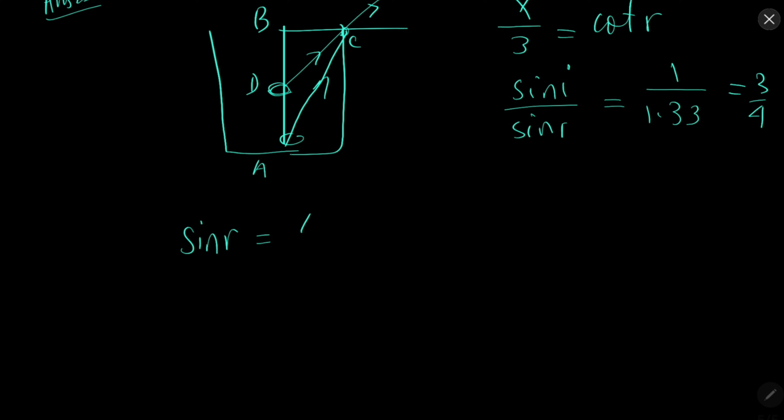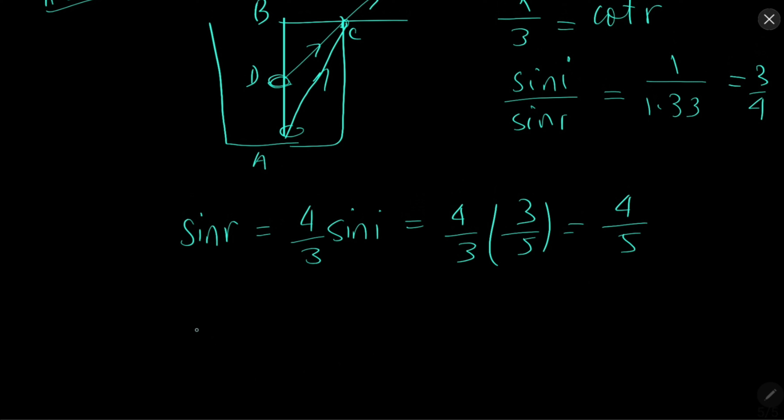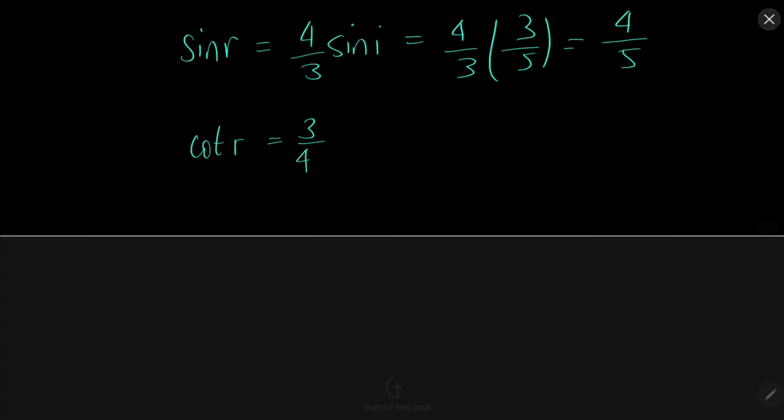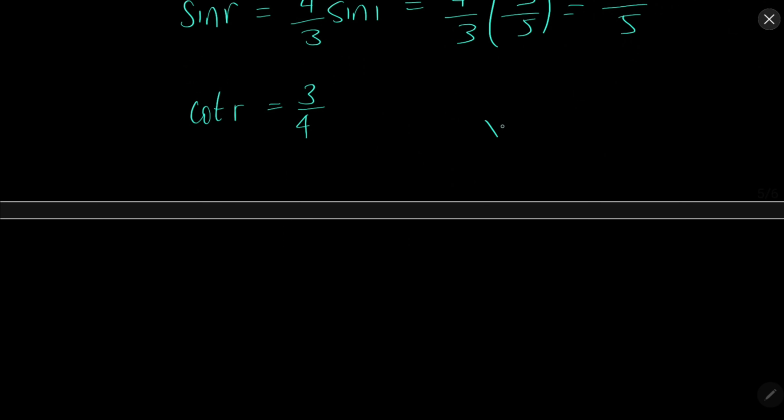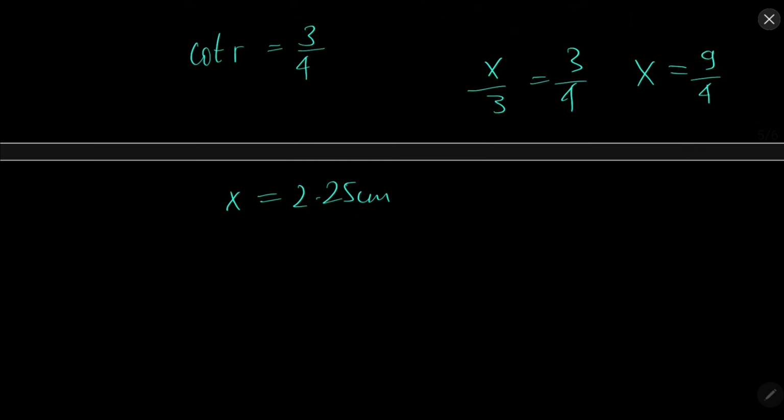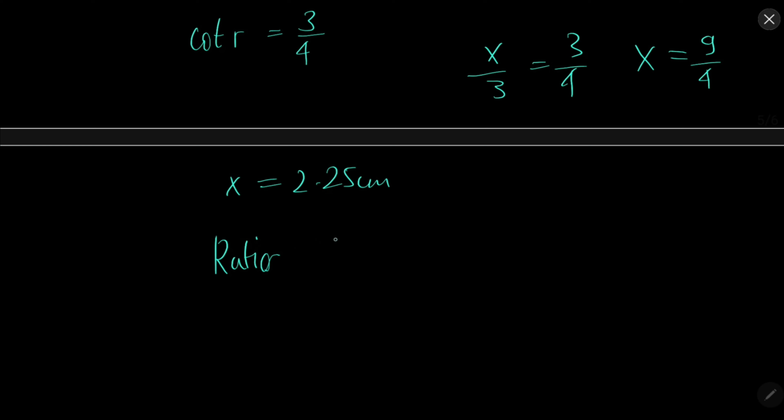Sin r will be 4 by 3 sin i, 4 by 3 into 3 by 5, 4 by 5. Cot r will be 3 by 4. So x will be 9 by 4, so x will be 2.25 centimeter. So the ratio will be real depth over apparent depth, 4 over 2.25 equal to 1.78.